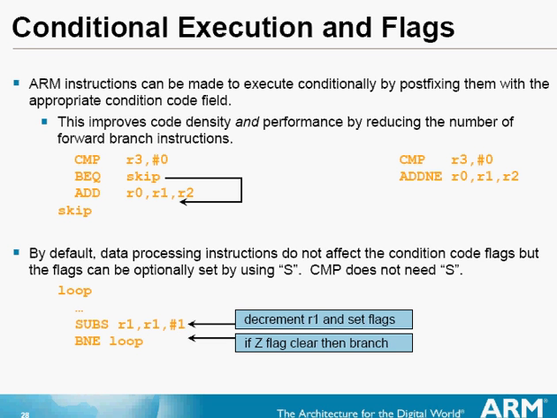The core compares the condition field in the instruction against the NZCV flags to determine whether the instruction should be executed or not. ARM instructions can be made to execute conditionally by post-fixing them with the appropriate condition code field. This improves code density and performance by reducing the number of forward branch instructions.